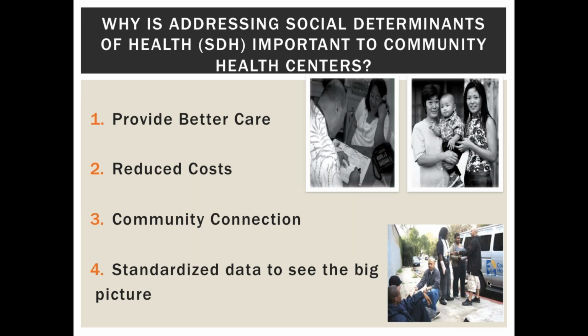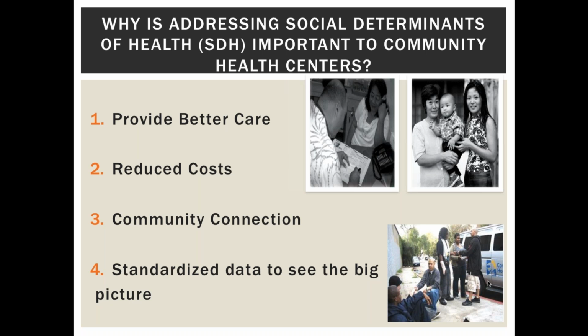And really having this information on what those needs and barriers are from our patients will allow us to better address them within the health center so that we really could improve outcomes and drive change. And really the main reasons are to provide better care so we know what their needs are, reduce costs, because ultimately if we can improve health outcomes, then we can reduce costs.